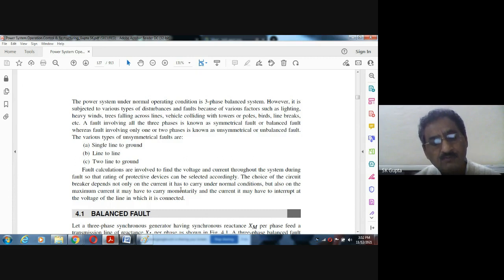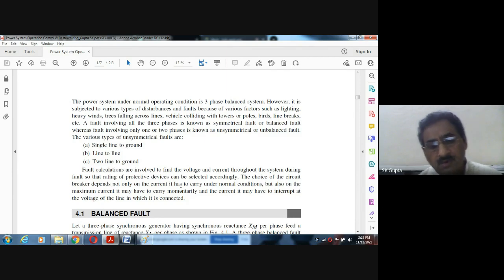But sometimes we can say, even if the fault occurs, no problem if 200 milliseconds have passed. 200 milliseconds means 10 cycles. If 10 cycles have passed, then up to that time we can hold the fault current, and it will not cause much problem. So depending upon our requirement, sometimes it should be opened within 10 milliseconds, and sometimes we can say, okay, let it be allowed for 200 milliseconds.